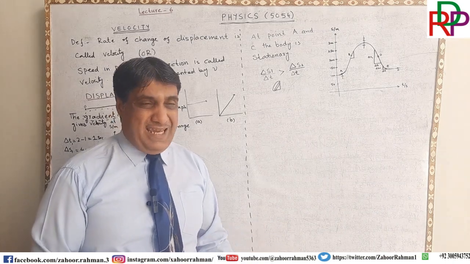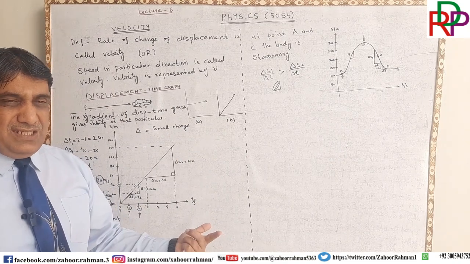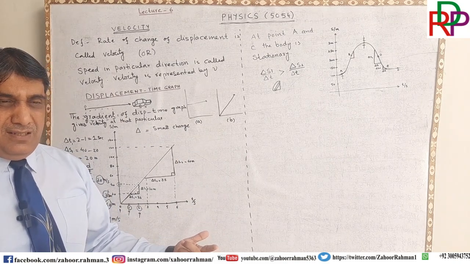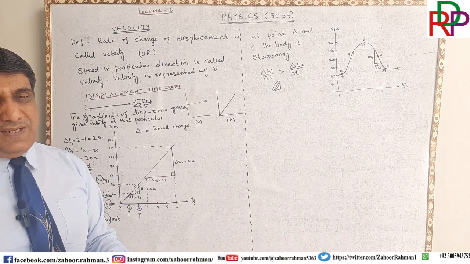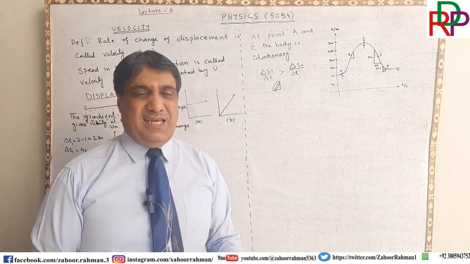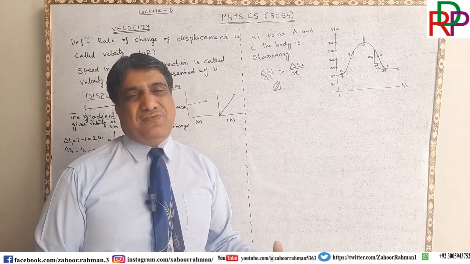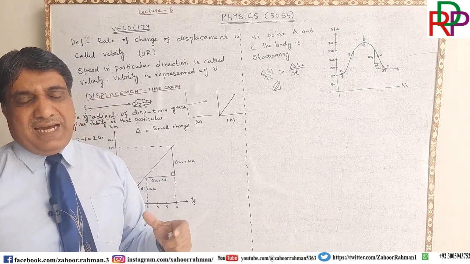Then it is average velocity, as it was the case in average speed. Average velocity is the total displacement divided by the total time.